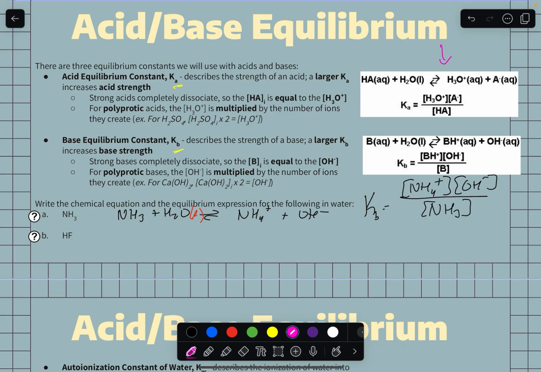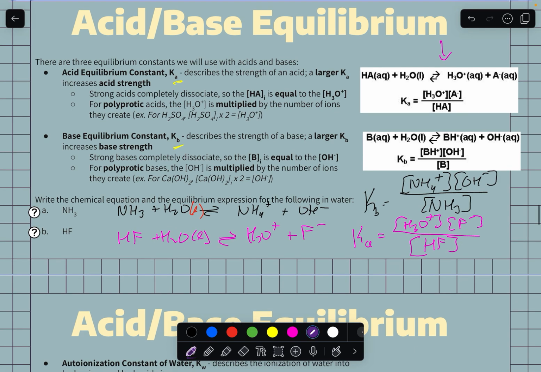For the second one, we have HF. Let's add some water in there. Remember, this is a liquid. This becomes H3O plus and F minus. So my Ka expression, because this is a weak acid, it's donating the H, is my H3O plus and F minus divided by my HF concentration.